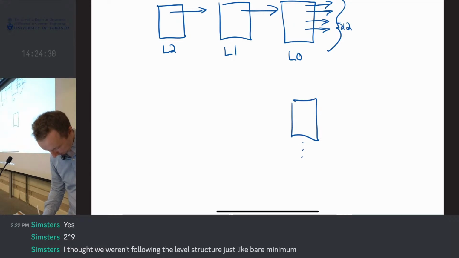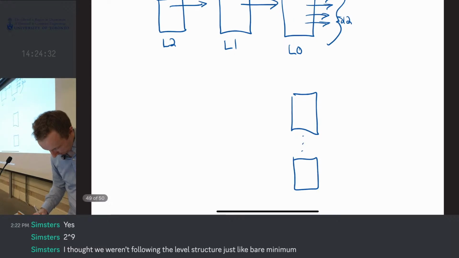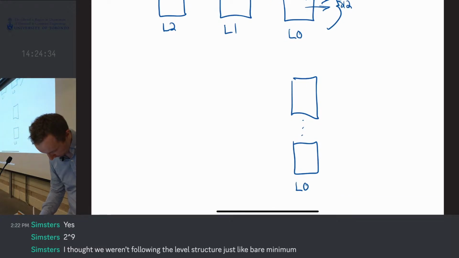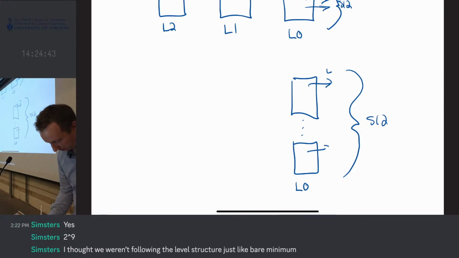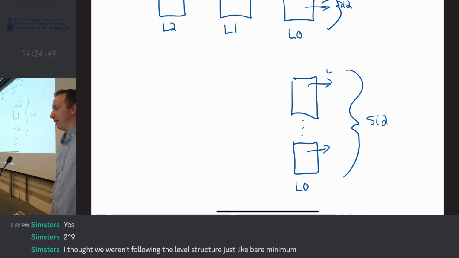So I might need 512 L0 page tables because each of them just points to 1 page. If I need 512 L0 page tables, worst case, how many L1s do I need?